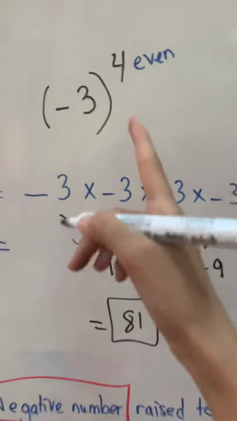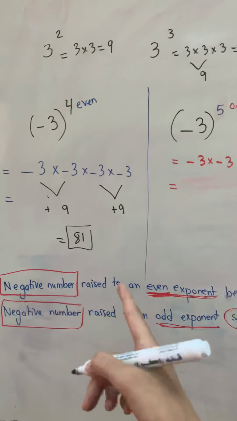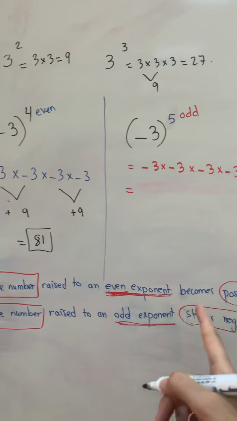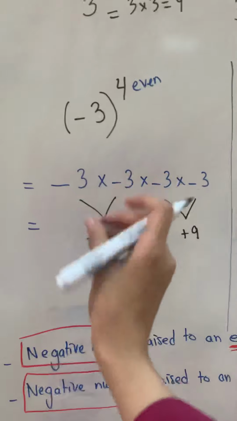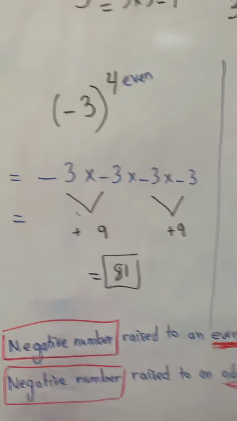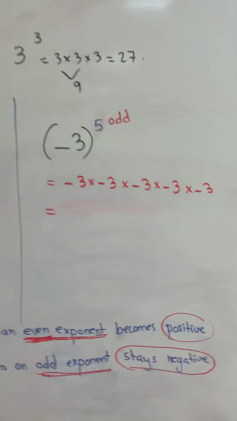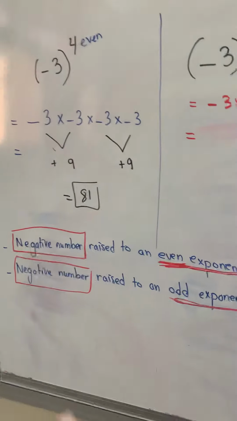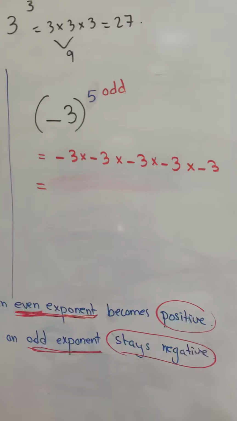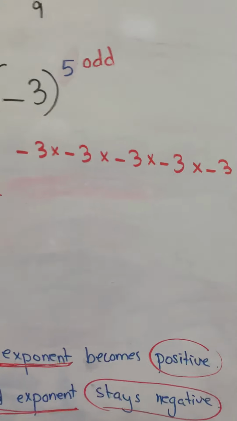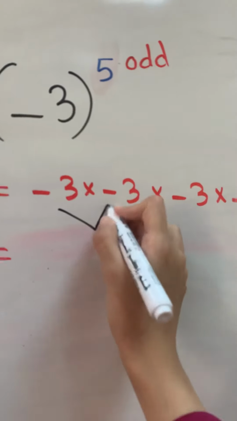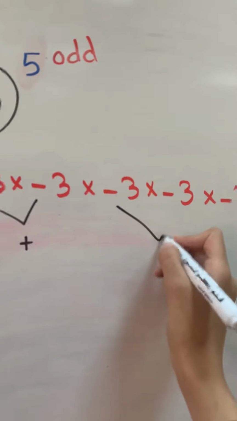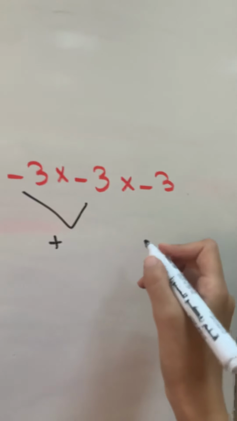So if I have a negative number raised to an even exponent, it becomes positive. You will always have 2 minuses, so it will always become positive. While if the negative number is raised to an odd exponent, let's see what will happen. Minus times minus is plus here, again minus times minus is plus again here.